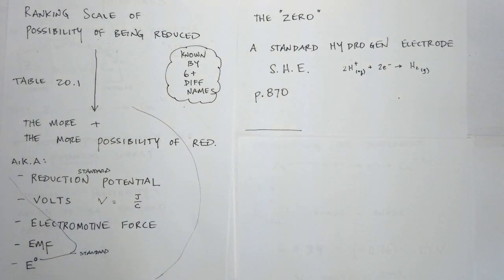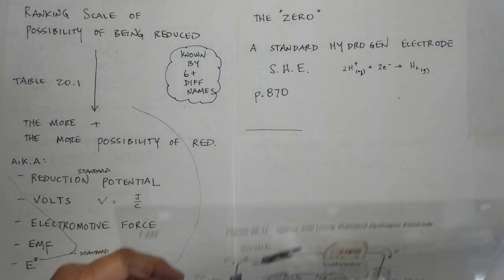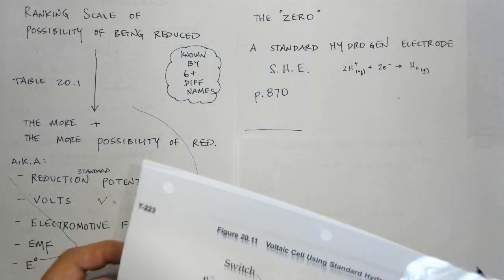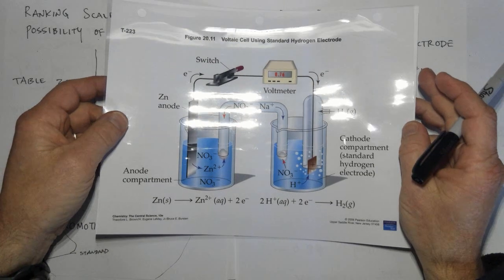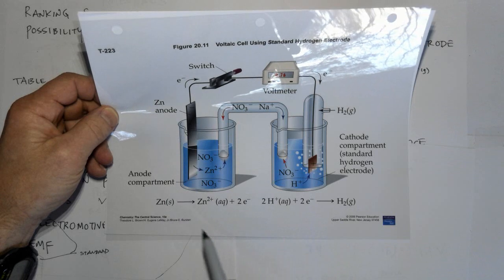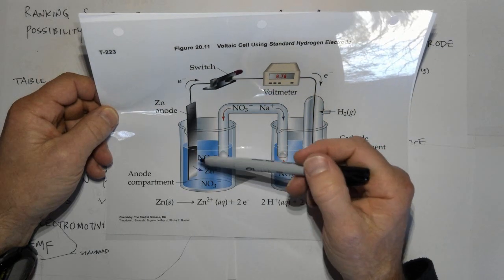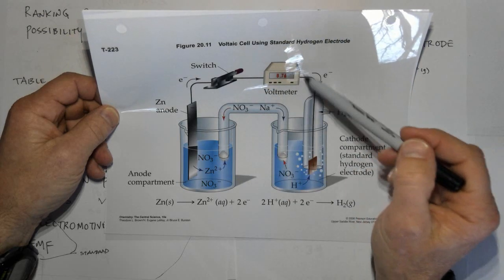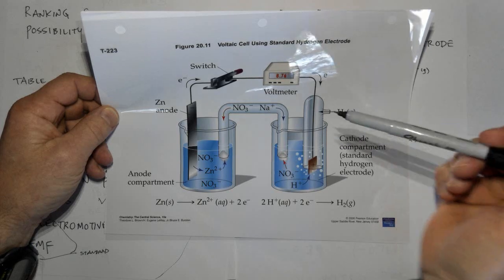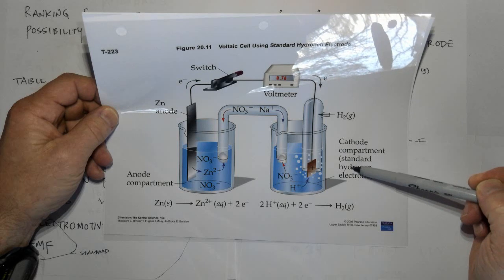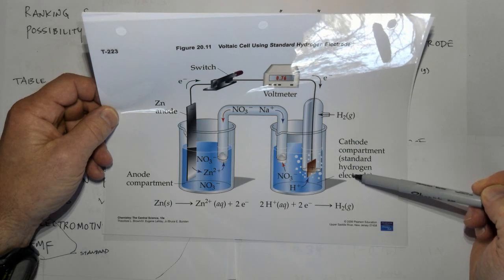Now, before we go on and do a little bit of math with this, let's take a look at a voltaic or galvanic cell that has a standard hydrogen electrode so you can see how it practically works. Here's our zinc electrode again, just like we had in the last video, where zinc would lose electrons and they'd go through the wire to the load right here, and then they'd go over here. In this case, instead of being copper, this is a cathode compartment called a standard hydrogen electrode, or SHE.